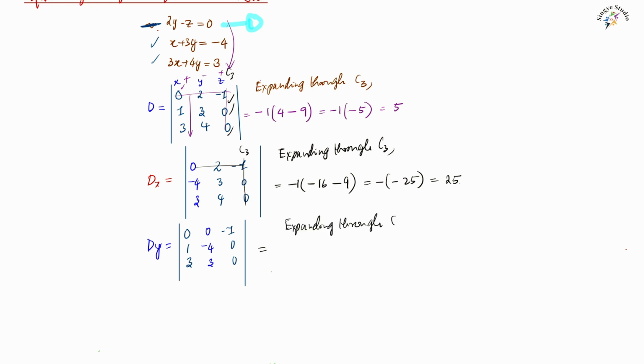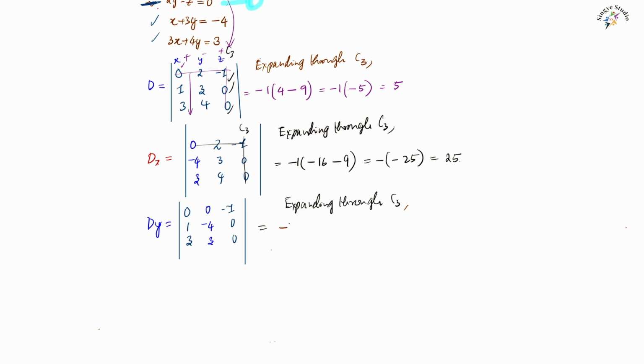We get -1, this will get deleted. Now it will be 3 plus 12, right? 3 times 4 is -12, times minus is 12. So 12 plus 3 is +15, times -1 is just -15.